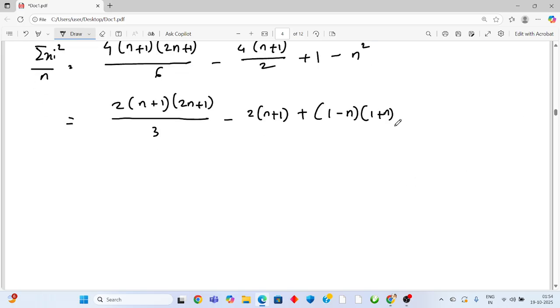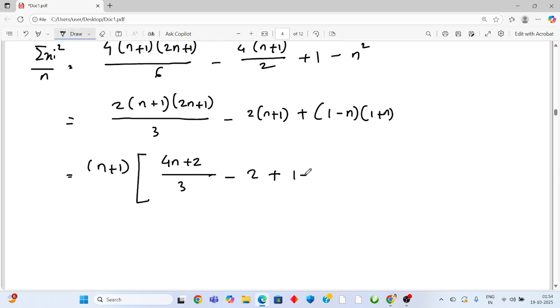Now if I take n plus 1 common, I will get 4n plus 2 by 3 minus 2, plus 1 minus n, right?